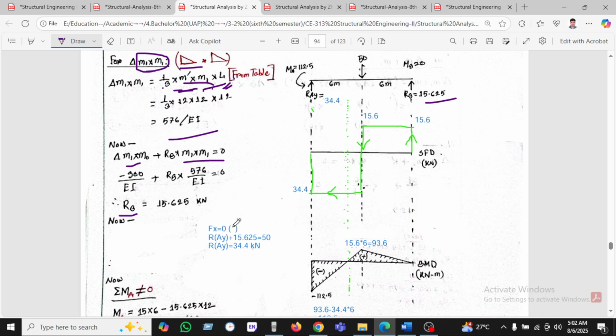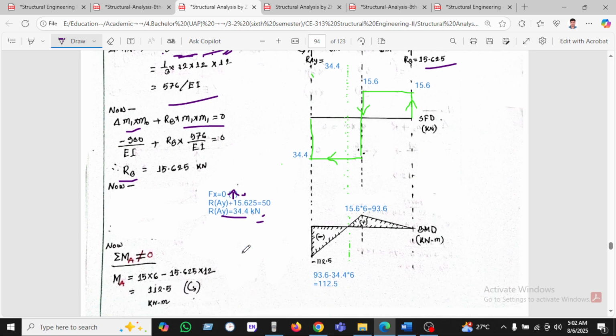Then we can take the summation of Fy, plus upward. In this case we will find RA, which is 34.4 in the upward direction.